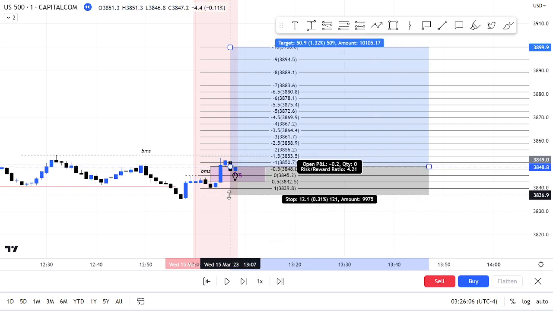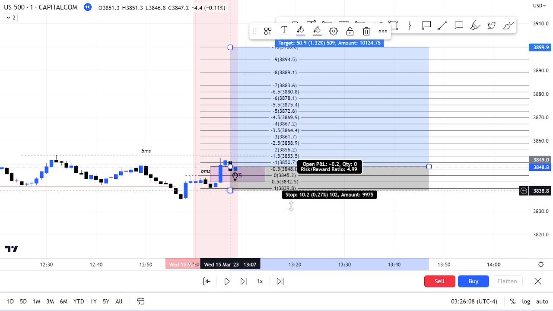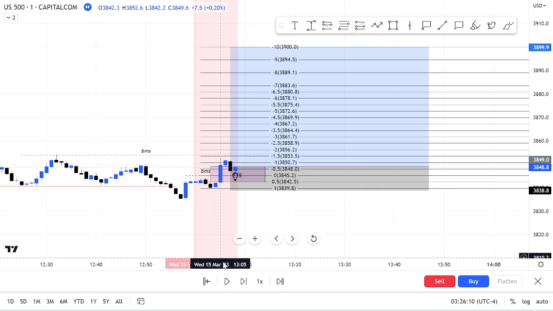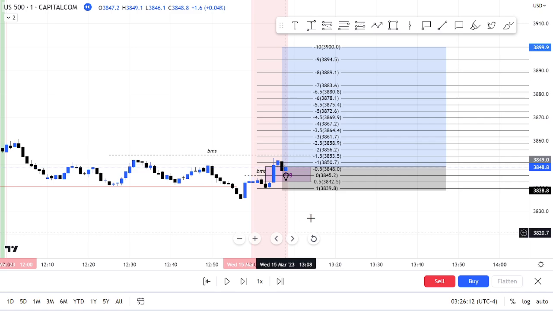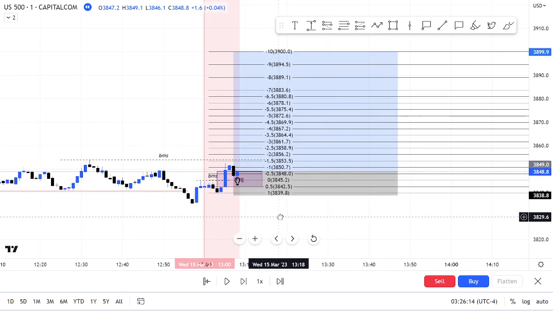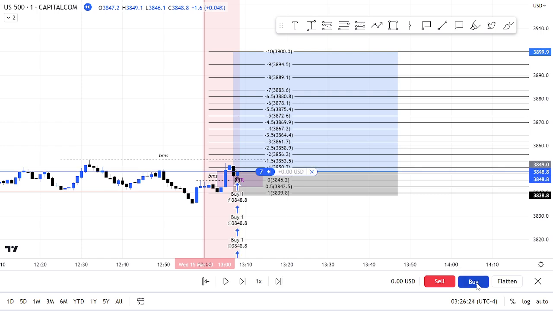So let me open my stop a little bit, give it a little room for error. Don't make it too tight, because no one's strategy is 100% foolproof. So let me show you me entering the position.